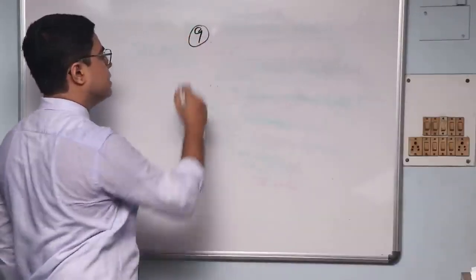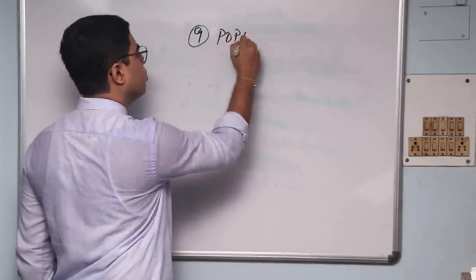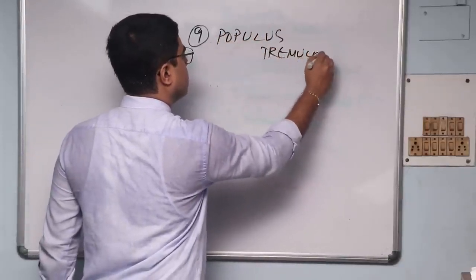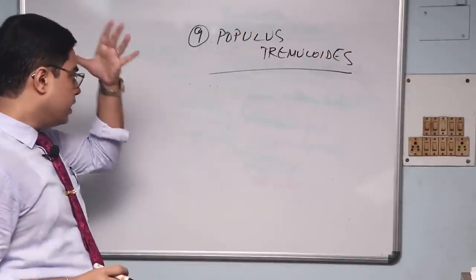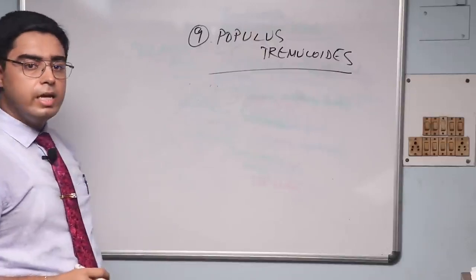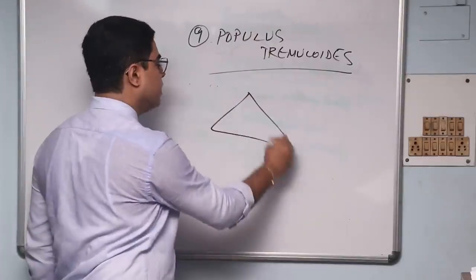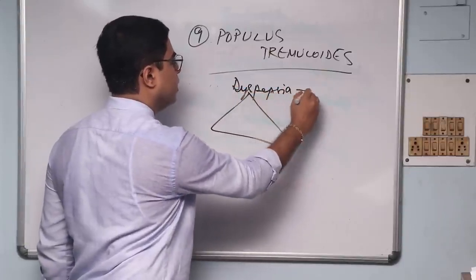My number 9 in this list, my friends, is another fantastic remedy, and I want you to try this, is populus tremuloides. In case of populus, which is interesting, it's a remedy for reflux, but especially do remember it is for dyspepsia in elderly.